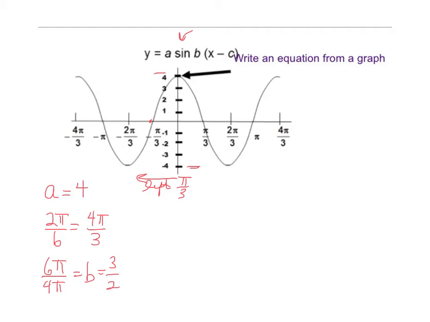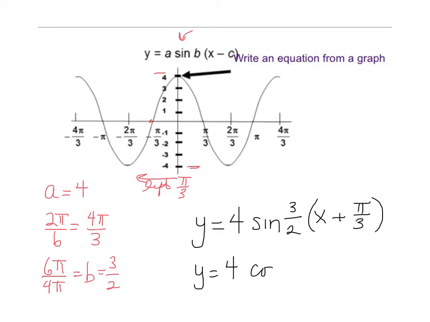And so when I go to write my equation, I'm going to have y equals A, which is 4, sine, B is 3/2, and because I'm going to translate it, I'm going to put the rest in parentheses. So this will be x, and I'm going left, so plus pi over 3. So that's writing that as sine. If I were writing that as cosine, that would be 4 cosine 3/2 x, and not moved. So you're moving it 1/4 of a period to the left.